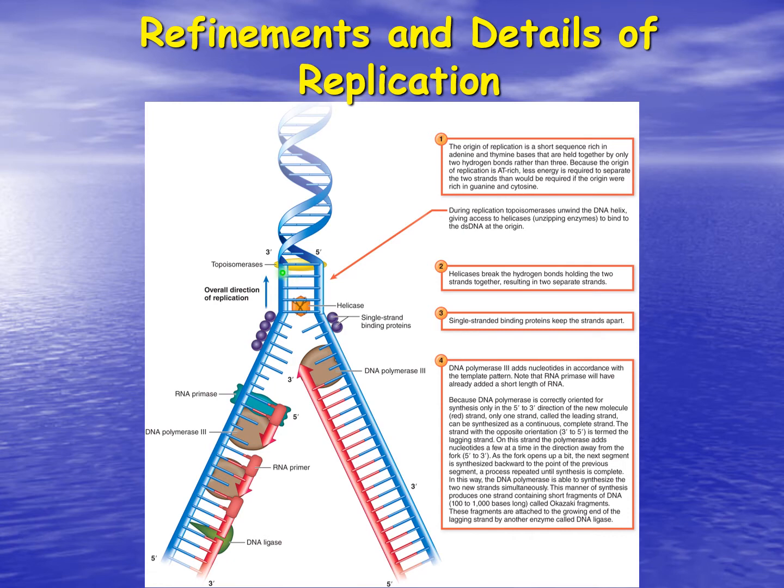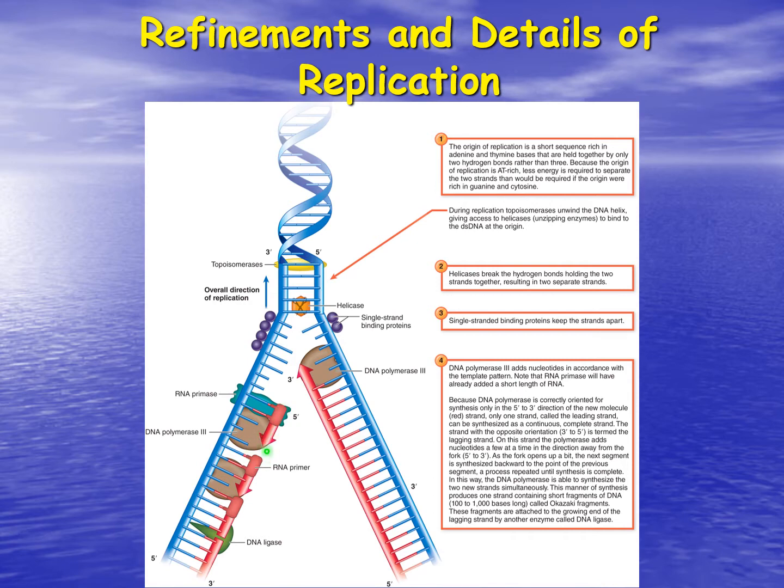But the opposite parental strand was seen from the 3' to 5'. So this end out here is a 5'. So we can't start here and go this way because this would be a 3' end. So what the RNA primase will do is come down here on the length of the lagging strand, lay down the RNA primer, and then we make that short Okazaki fragment from the 5' to 3' end.